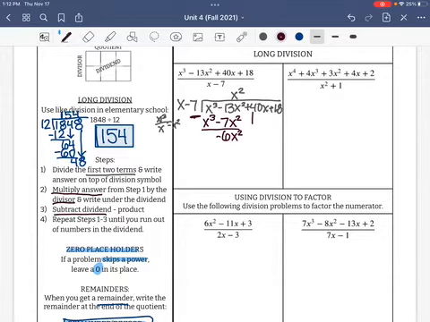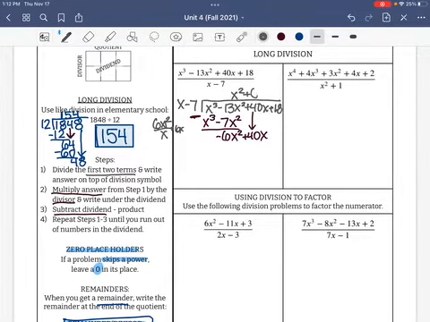Then I drop this down just like I dropped down the 4 right here. And we repeat. Divide the first two. 6x squared divided by x. And I'm going to write that over here to the side in case it helps you. That's going to be 6x.